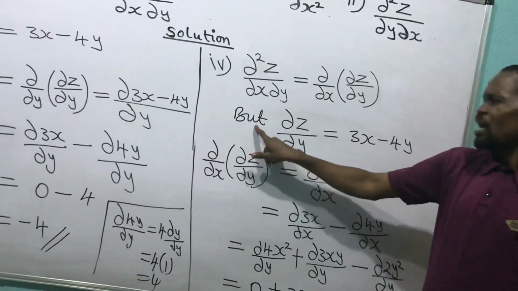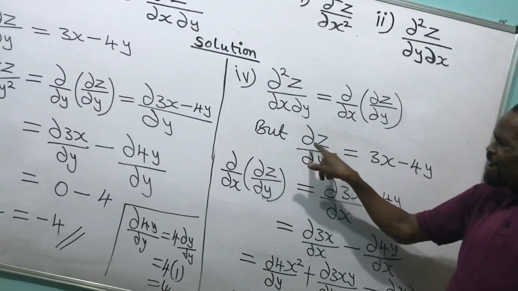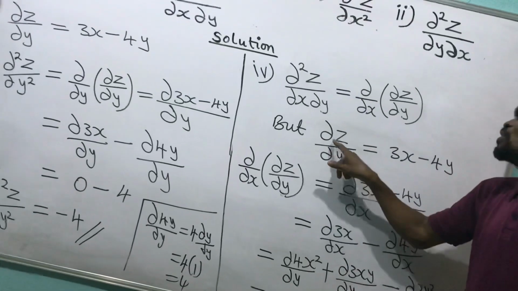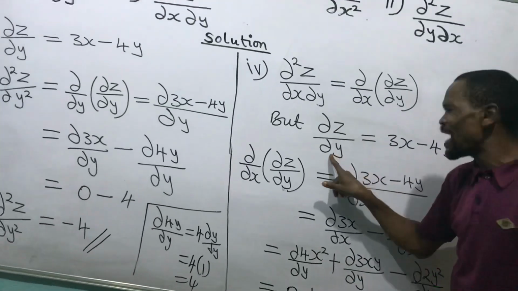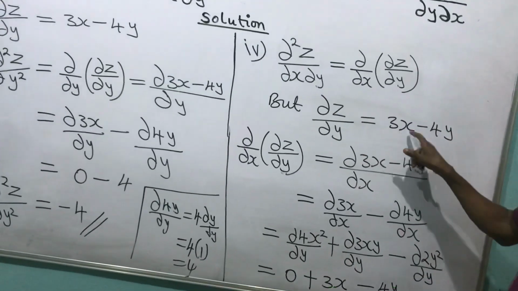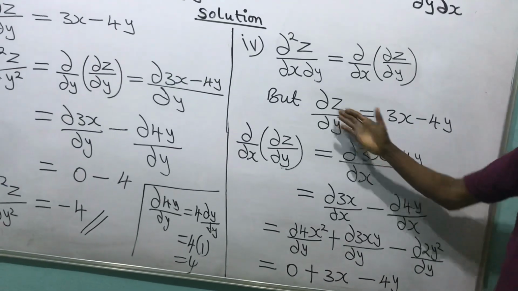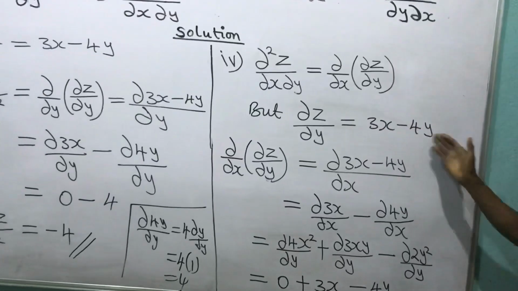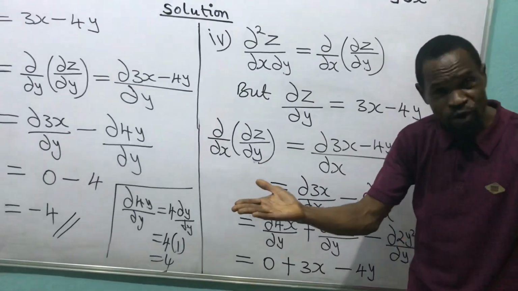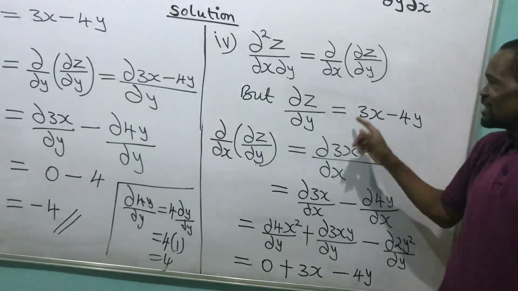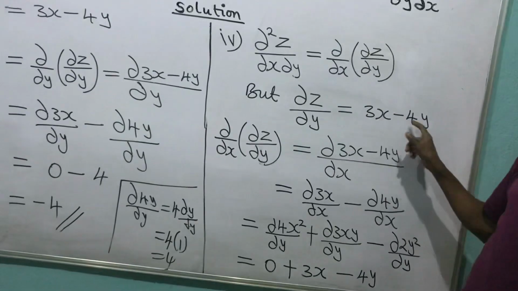But I have done this before. We have done differentiation of z with respect to y, and we have it to be 3x minus 4y. That's what we got before. This function was differentiated with respect to y to have 3x minus 4y.